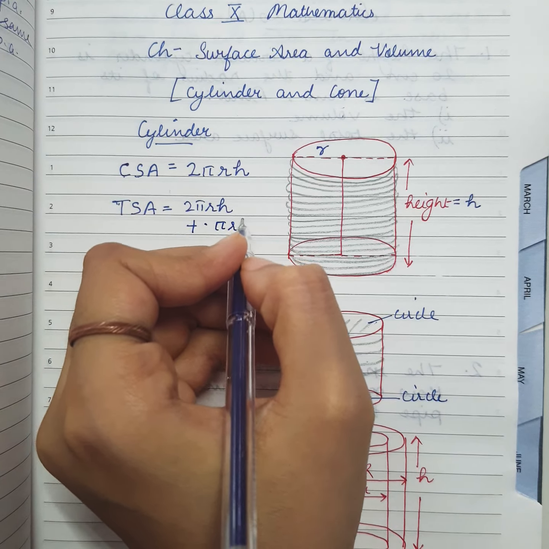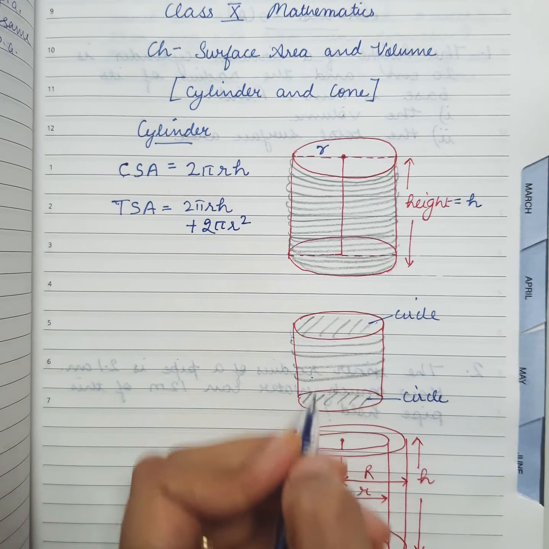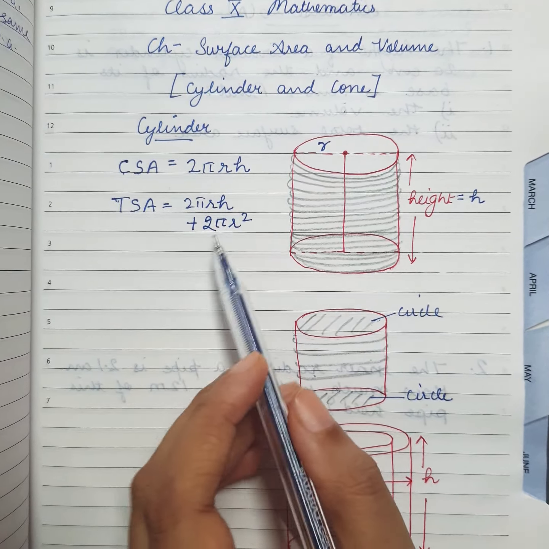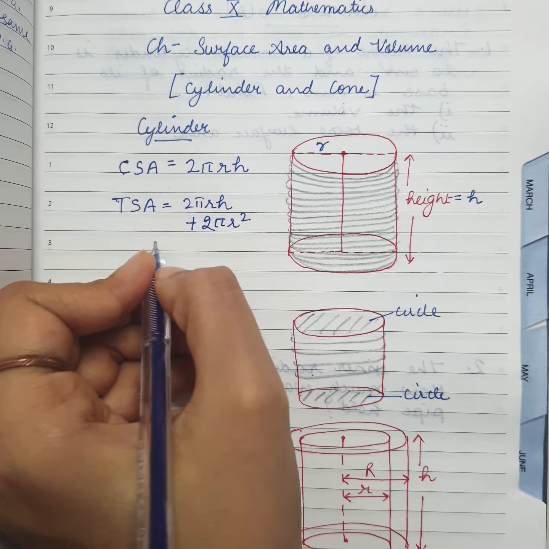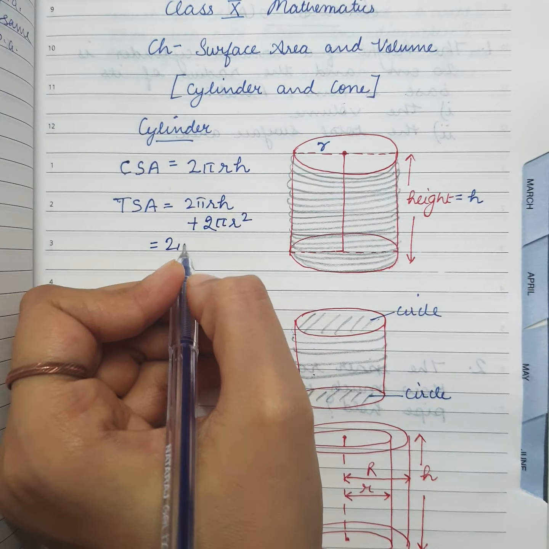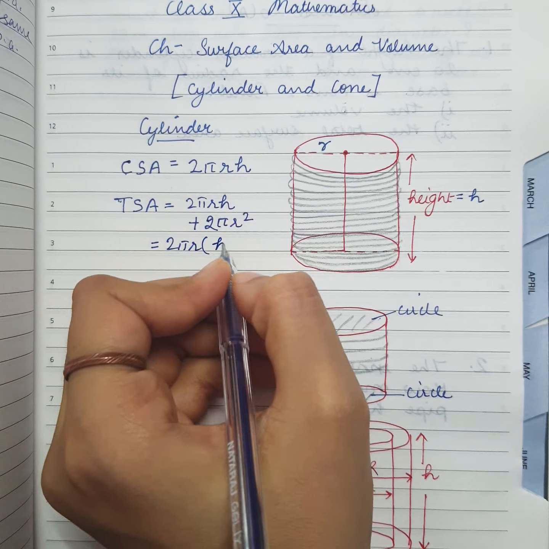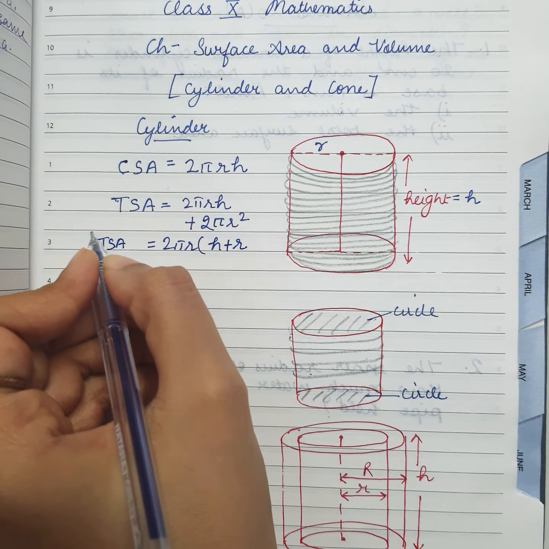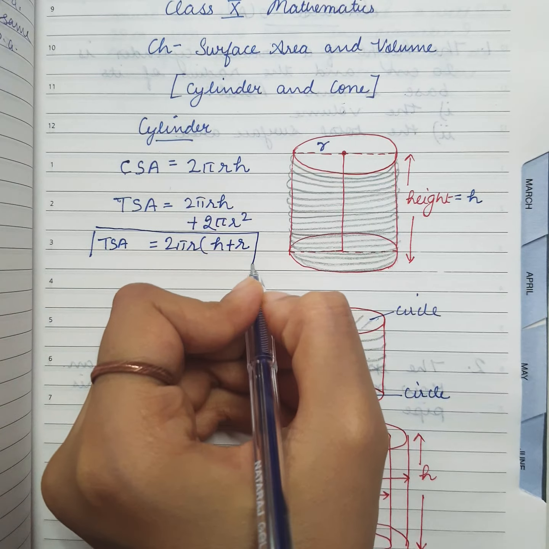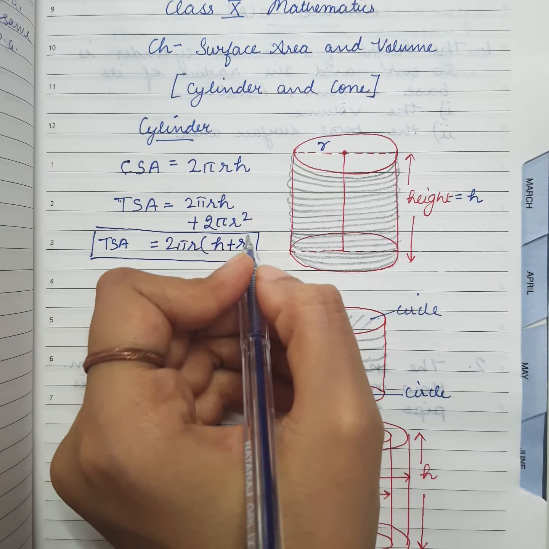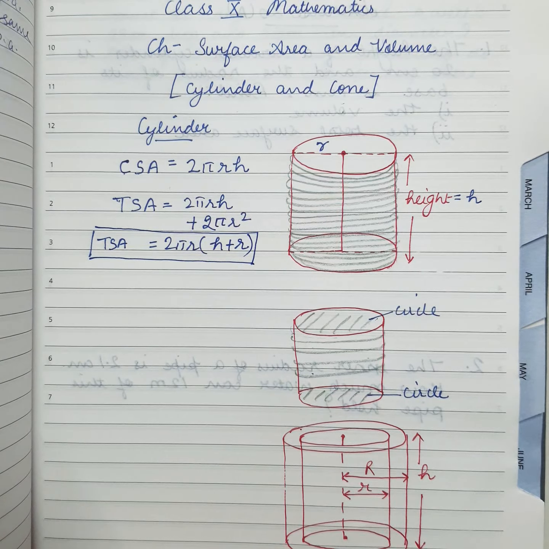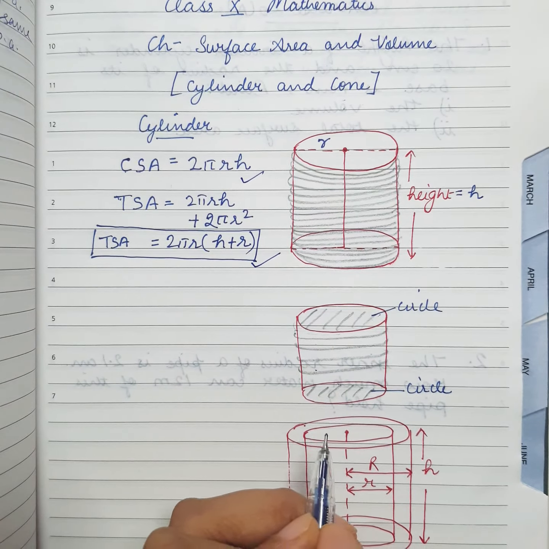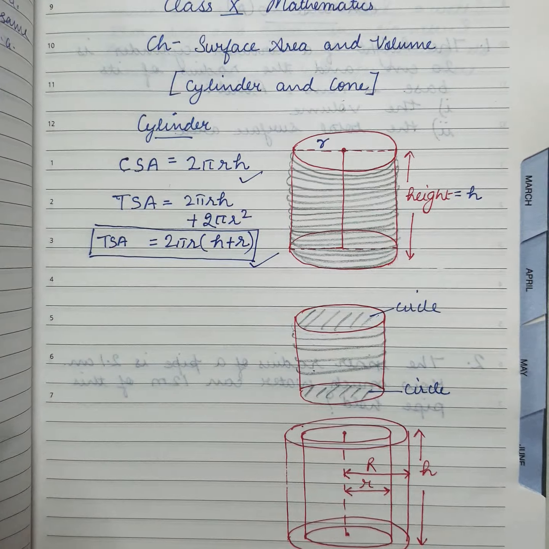Area of circle is pi r square, and since top and bottom are included, we get 2 pi r square. Ultimately if we take 2 pi r common, we are left with h plus r. So the formula of total surface area of a cylinder is 2 pi r (h plus r). So these two formulas we need to follow for curved and total surface area.